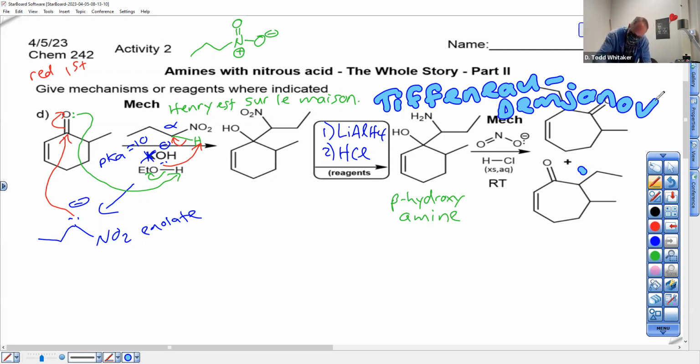I'm going to say HONO here, and that gets you to here. Saved a little bit of time. You got to do that mechanism at least once on your test, or else you're getting 0 points twice.